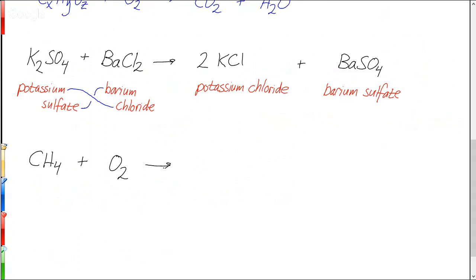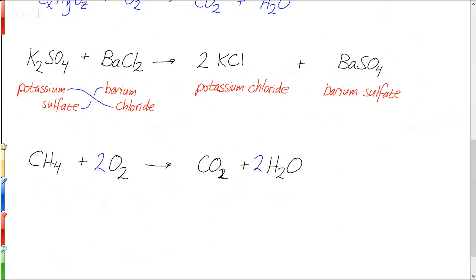So once we identify it as combustion, what are the products? Yeah, right, always the same. Carbon dioxide and water. So then we can balance this, and we've got a full equation.